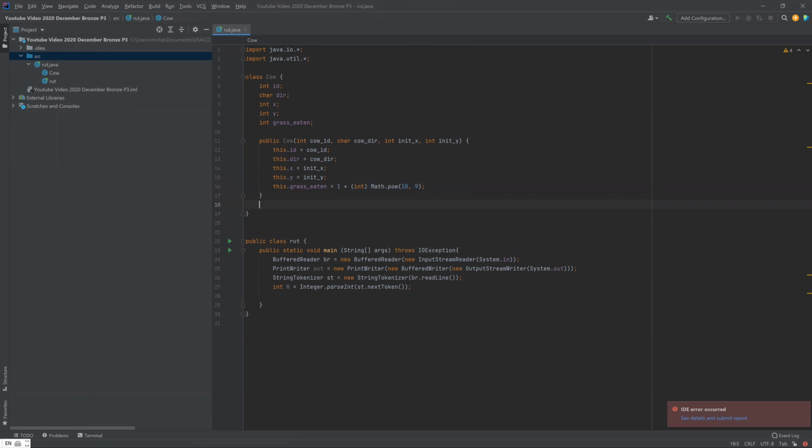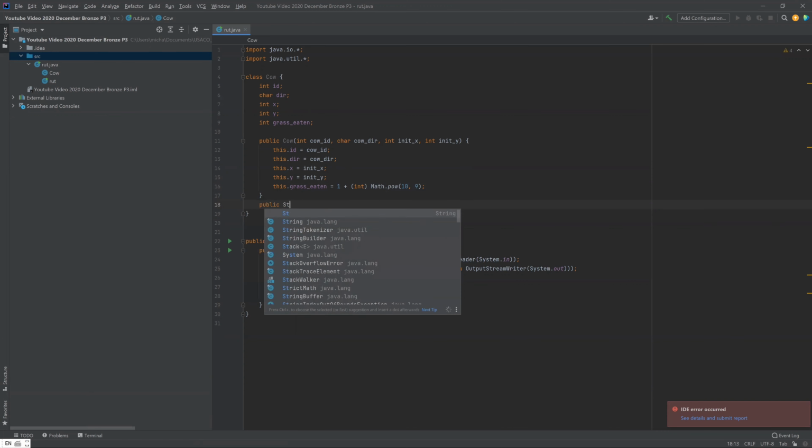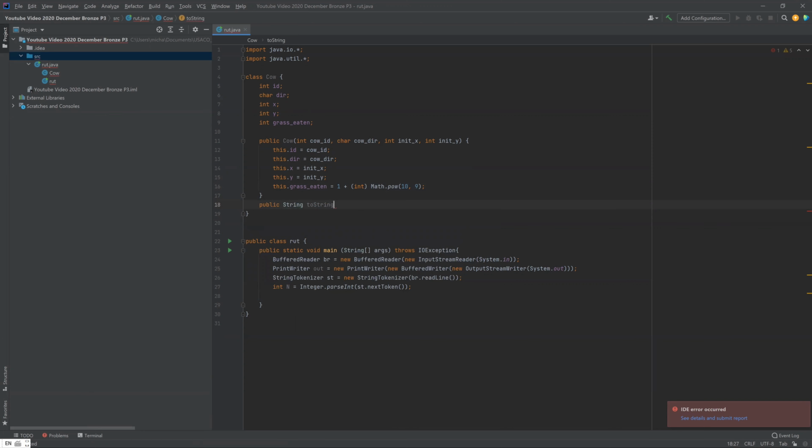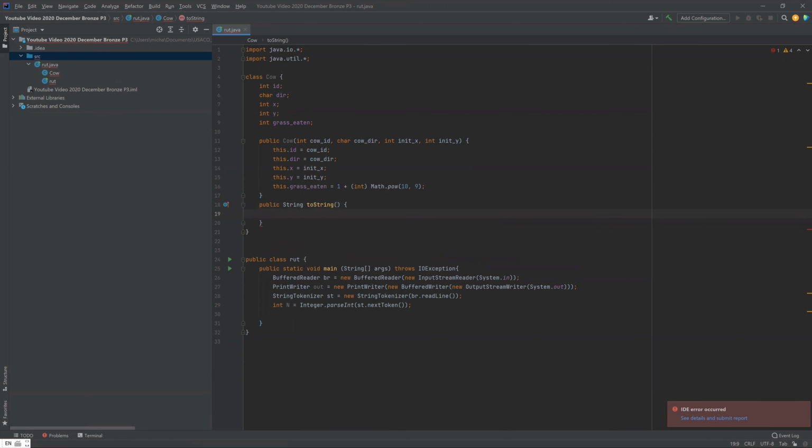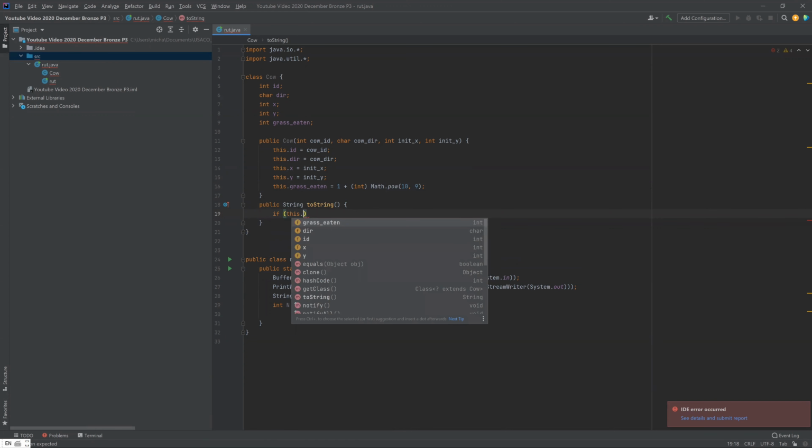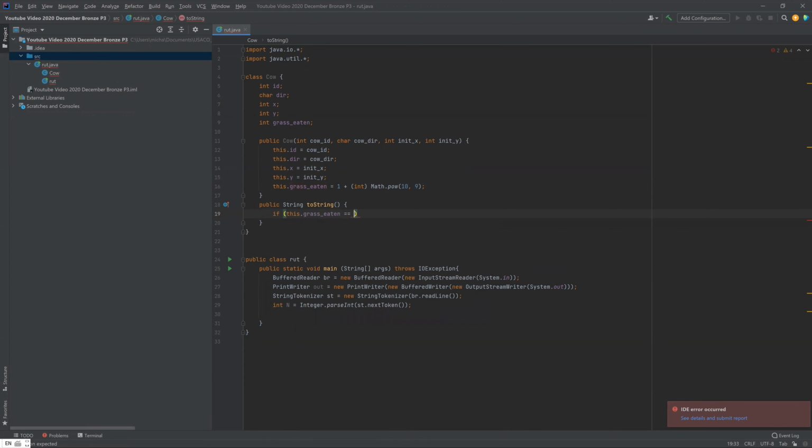Okay. So actually, let me do the toString, which will output how much grass it can eat. If this.grassEaten is equal to 1 plus 10 to the power of 9, then return infinity.